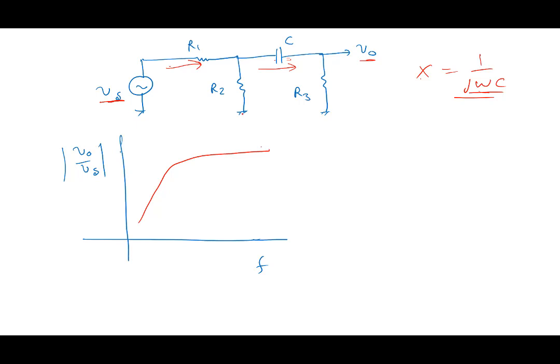Now the issue is, for this high pass filter, can we calculate what this maximum value will be? That maximum value in dB will be 20 log 10 what?